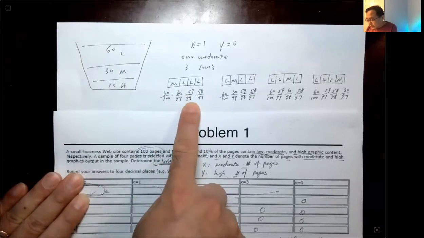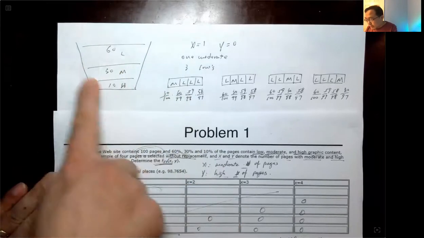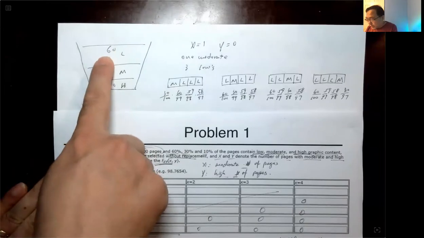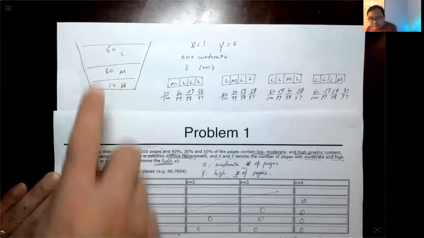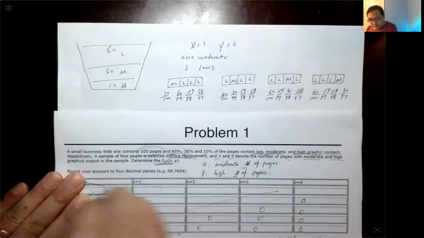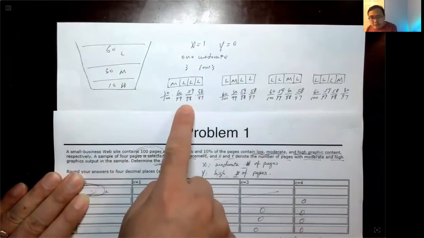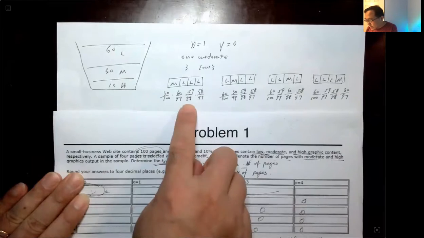And the same for the third ball, the chance is 59, because right now one L ball has already been taken out, so the remaining is 59. 59 out of 98, because you already have two balls taken out from the urn, so the remaining total is 98, right?